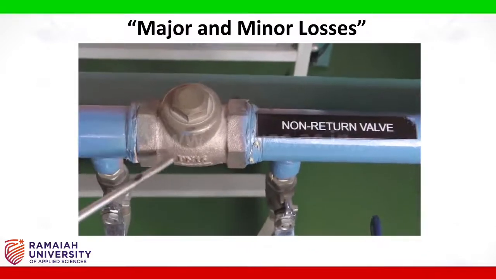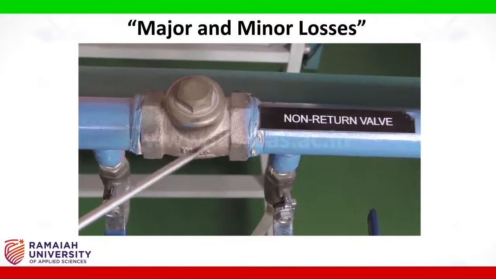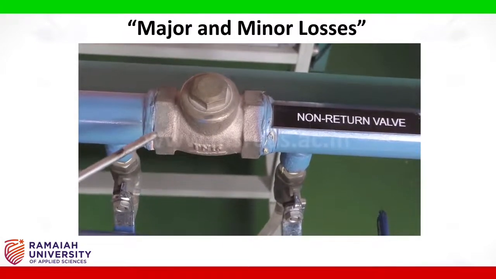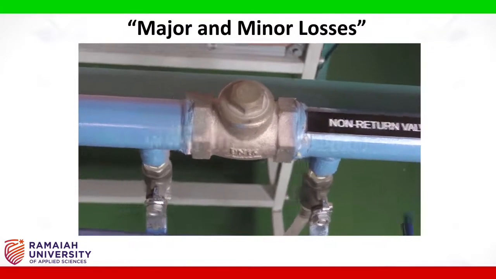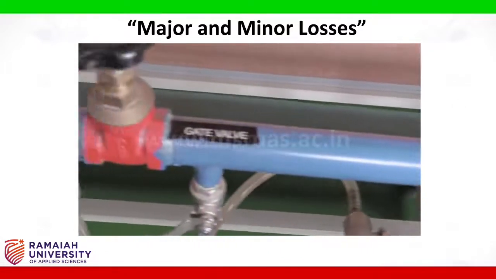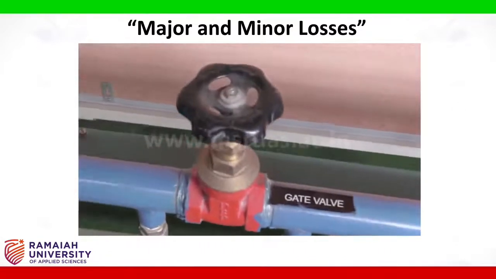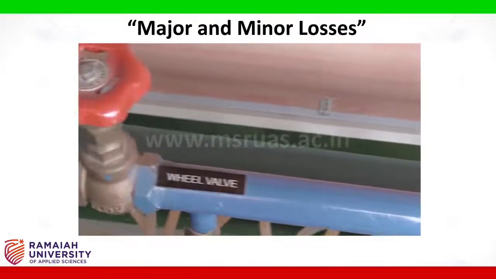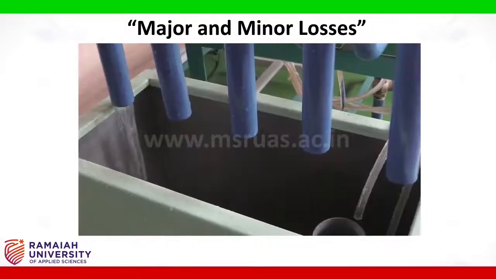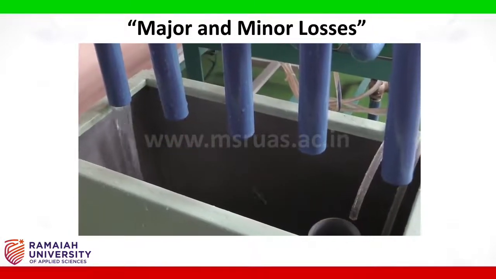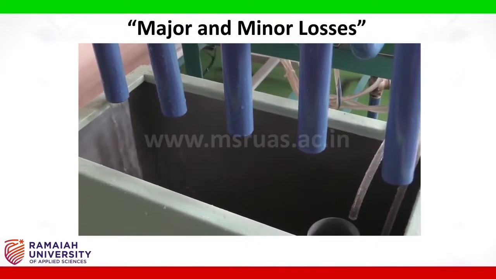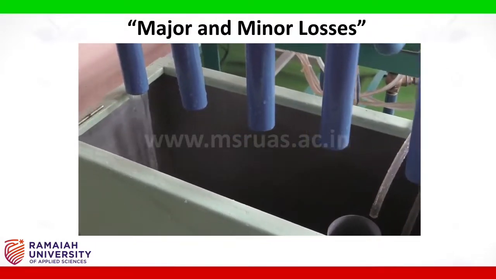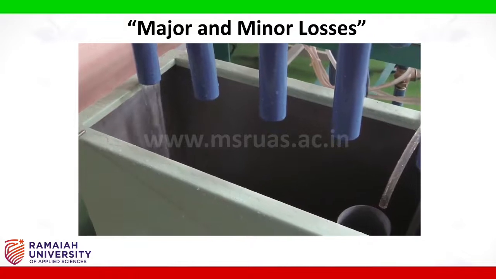Now we have calculated the pressure drop across the non-return valve, and the same procedure can be repeated for the gate valve and the wheel valve. Now the water flowing in the fifth pipeline is getting collected in the collecting tank.